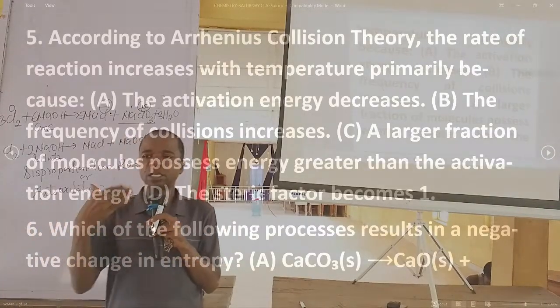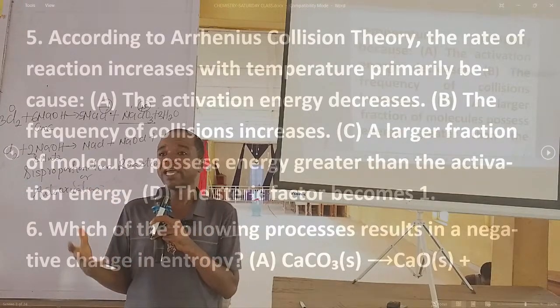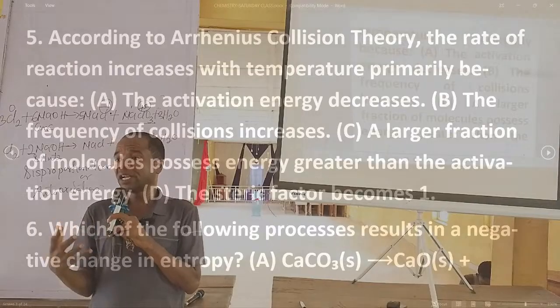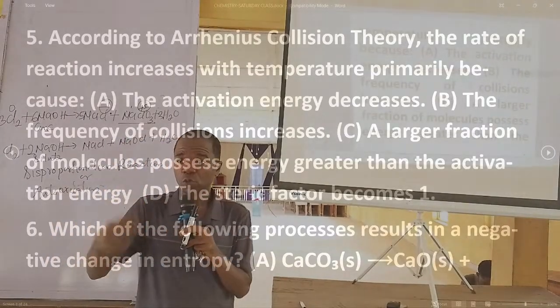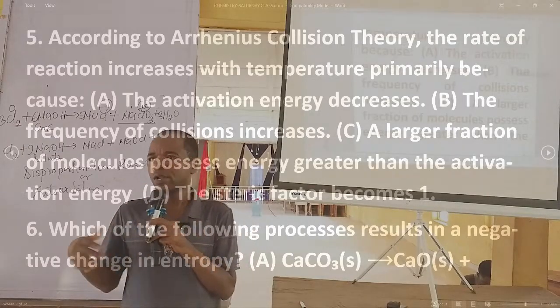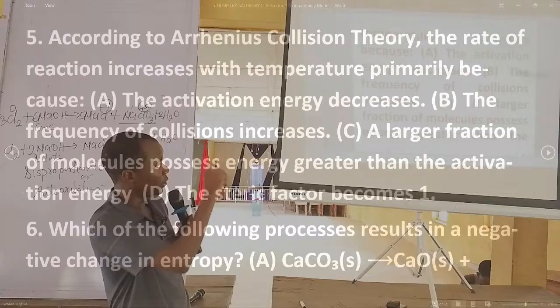So when temperature is increased, the first thing that happens is the molecules become energetic because they gain energy in the form of kinetic energy, and since they become more energetic, they will begin to collide more. So the number of collisions now increases, but that isn't the answer, even though the option is there.